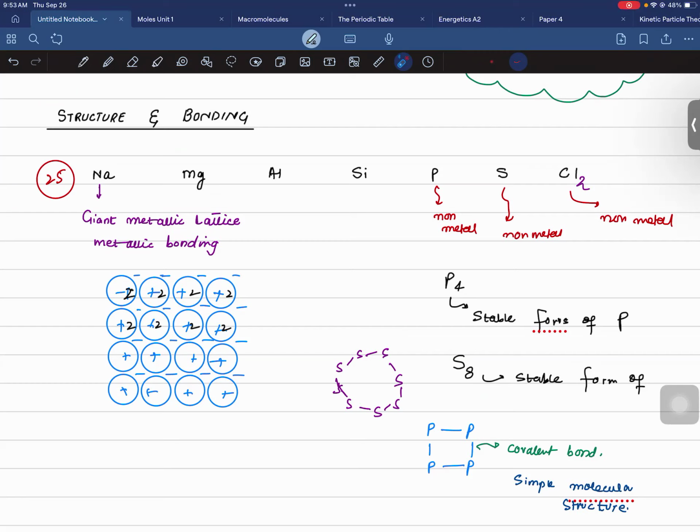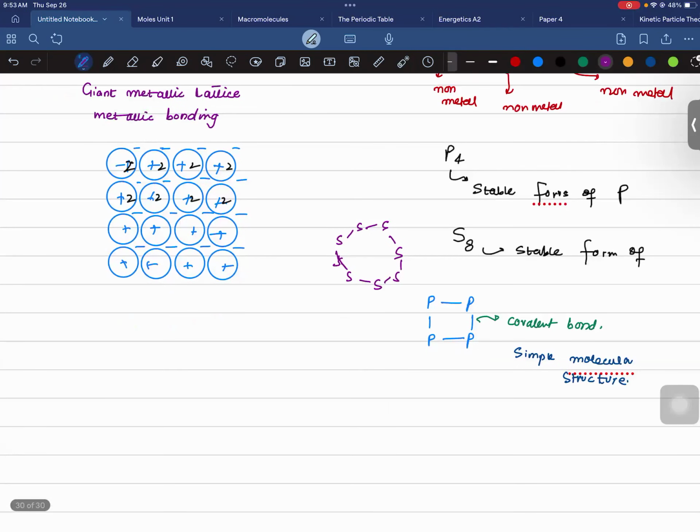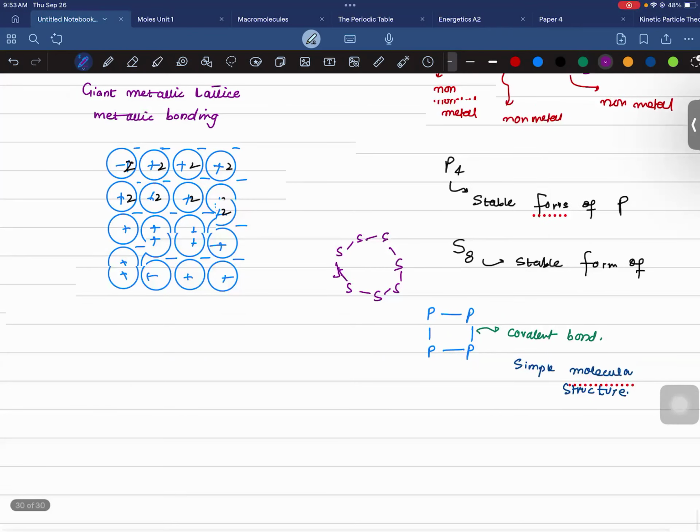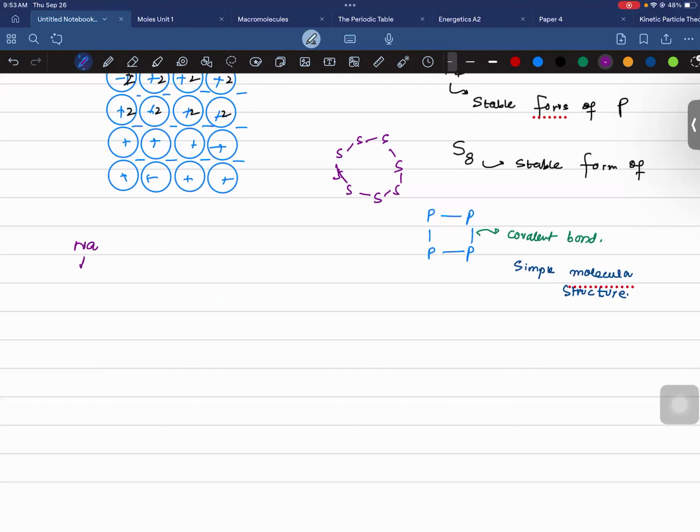Let's suppose I say that sodium loses 1 electron while magnesium loses 2 electrons.